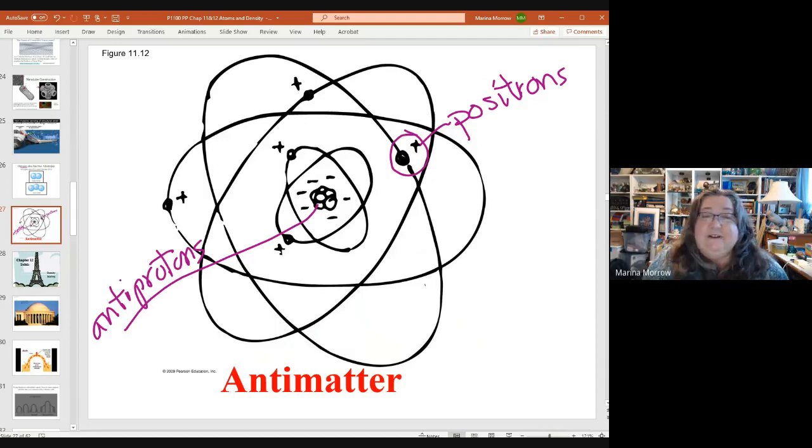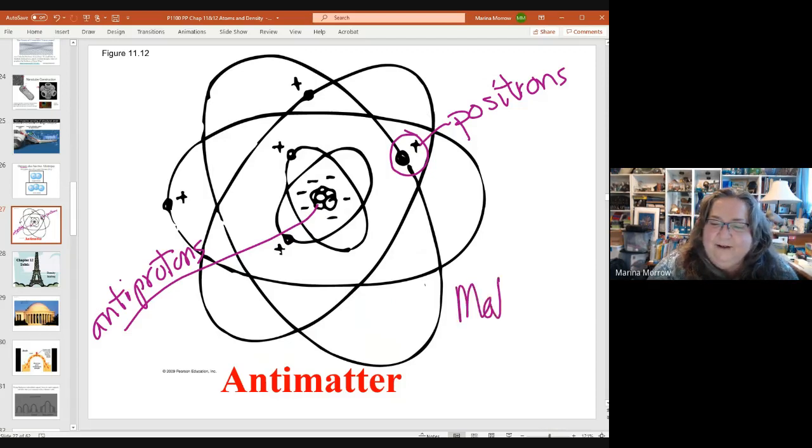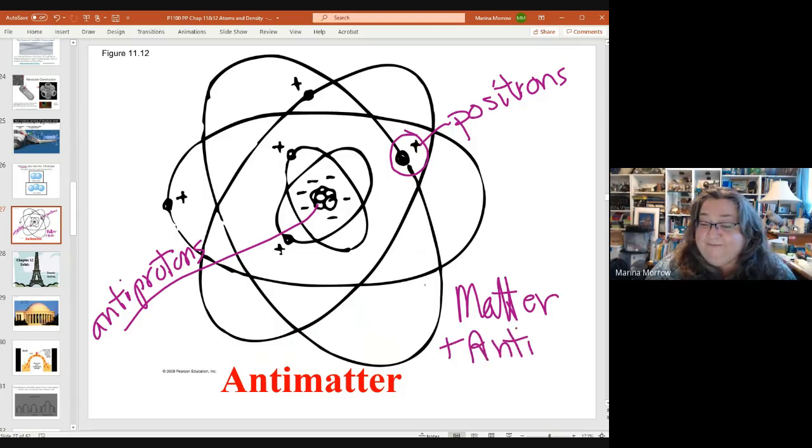If you've ever watched a Star Trek episode, one of the things they use is matter-antimatter engines. What are they doing? Well, the idea is that when matter combines with antimatter, you actually destroy some of the matter.